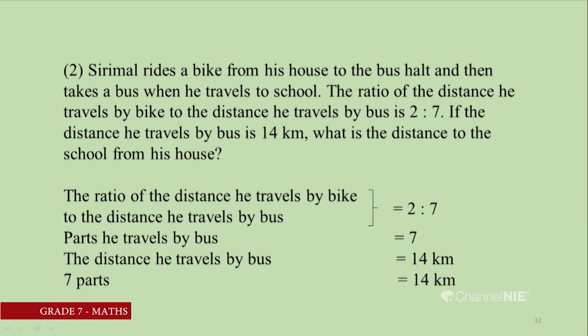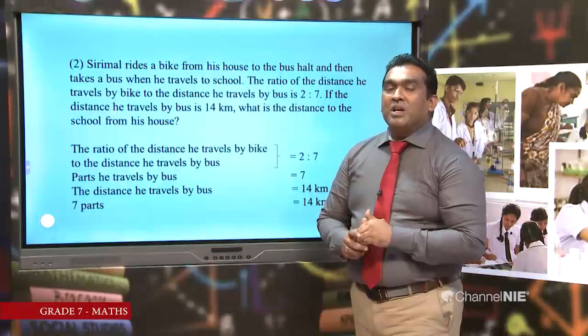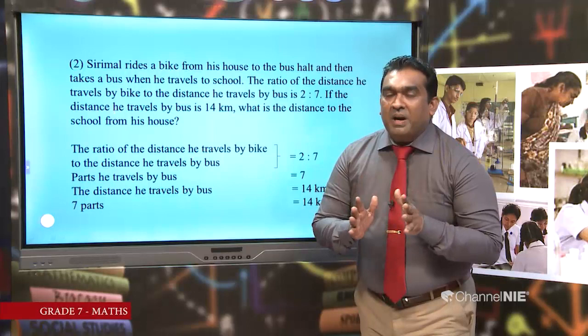Now, we can see the ratio of the distance he travels by bike to the distance he travels by bus. Ratio is 2 to 7. Parts he travels by bus is 7. 7 parts is equal to 14 kilometer. Then you have to find out the value of 1 part.